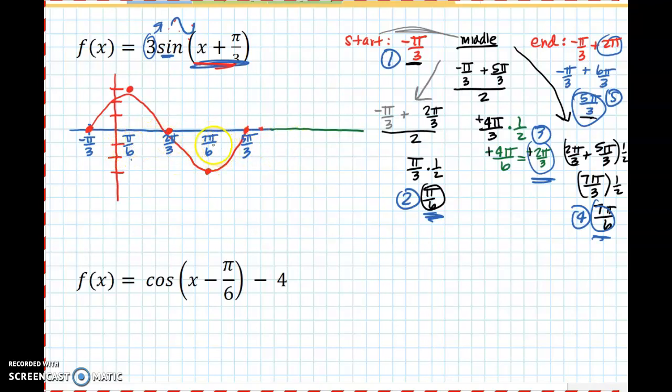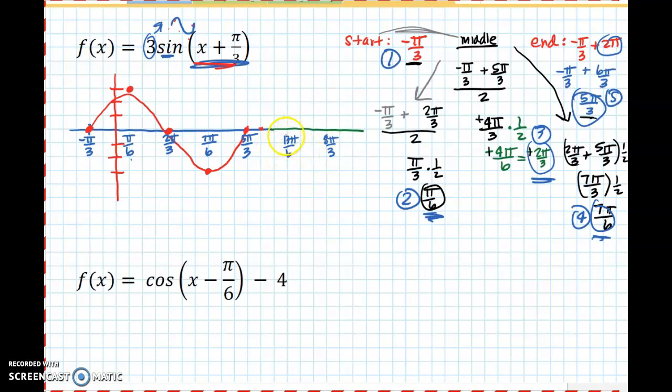So this next one would have to be, let's see, those are 6 apart, so add 6, so 13 pi over 6. And then the next one is going to be a pi over 3. And those are 3, so it would be 3 pi over 3, which is pi. Oh wait, no, that's not right. 8 pi over 3.